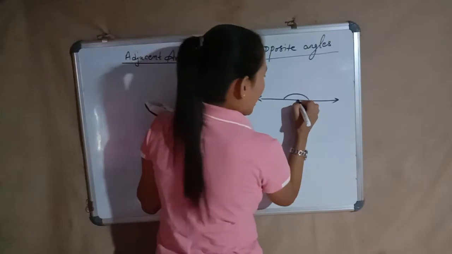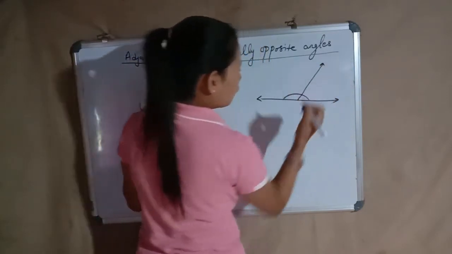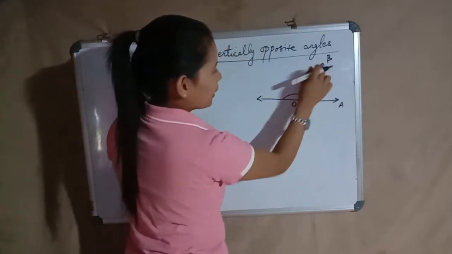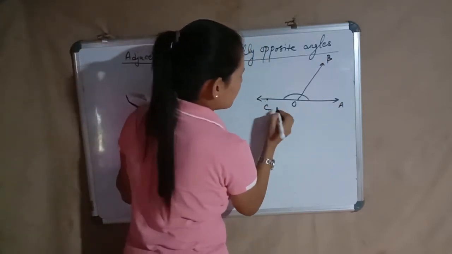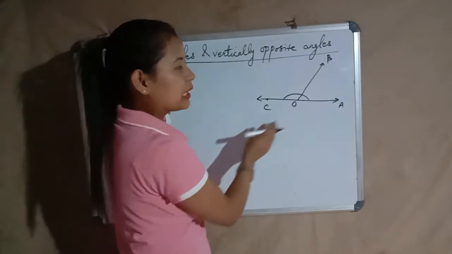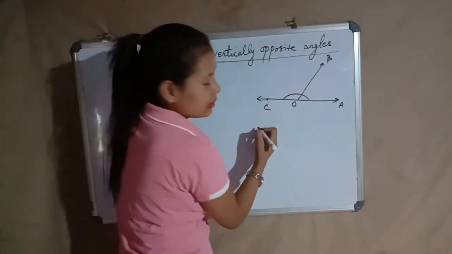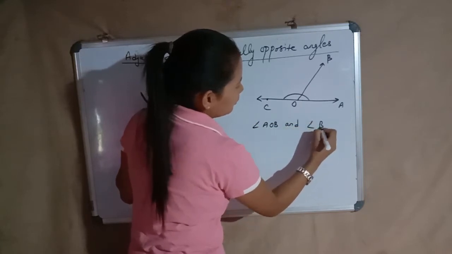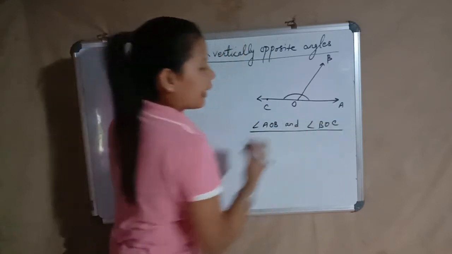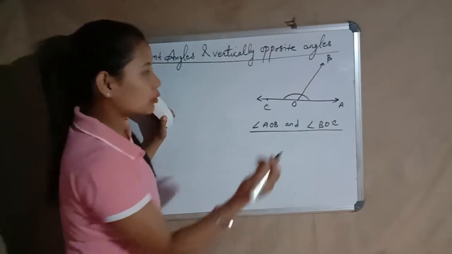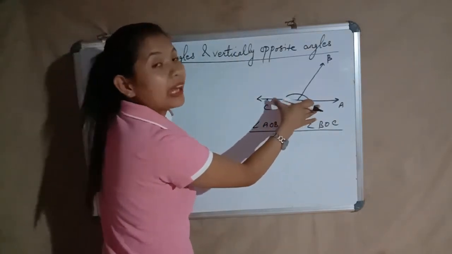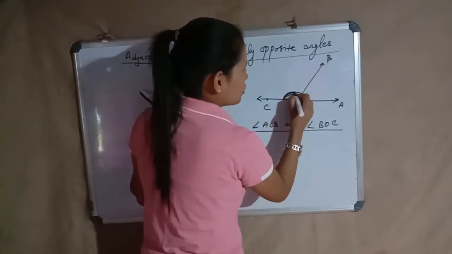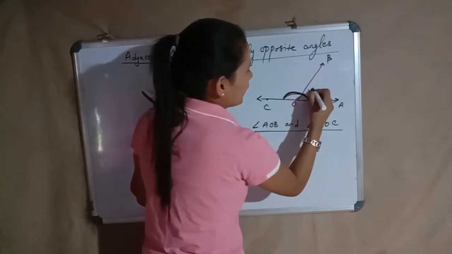So suppose I have one angle here forming angle AOB, and I name this C. You can easily locate two adjacent angles here: angle AOB and angle BOC are adjacent angles. And we also know that a straight line forms a 180 degree angle, so this total angle is equal to 180 degrees.